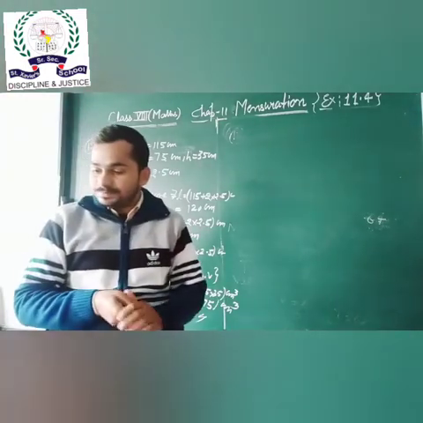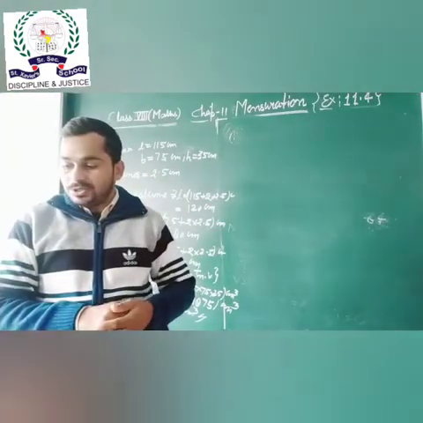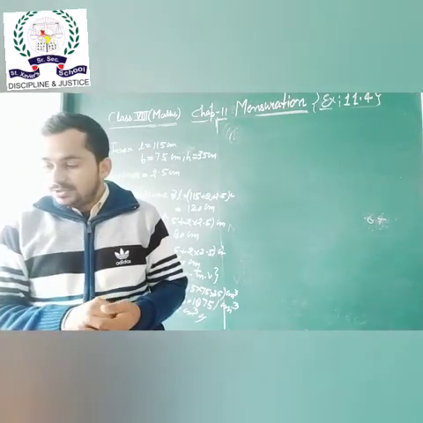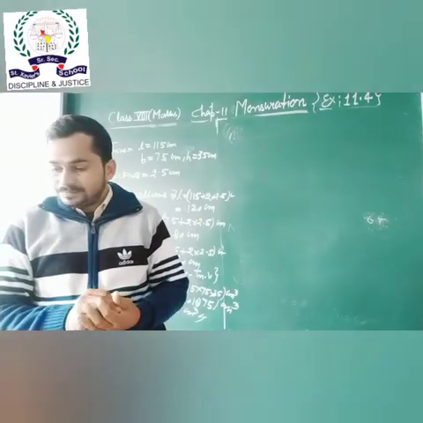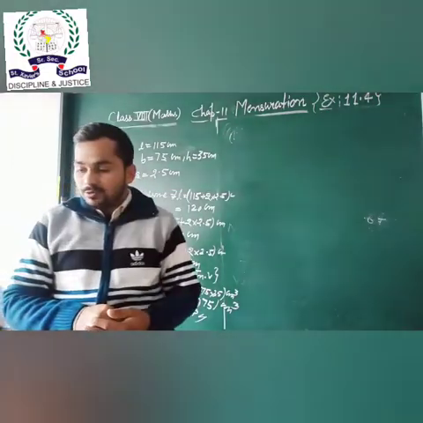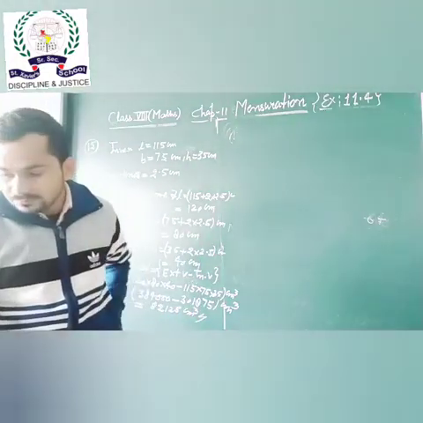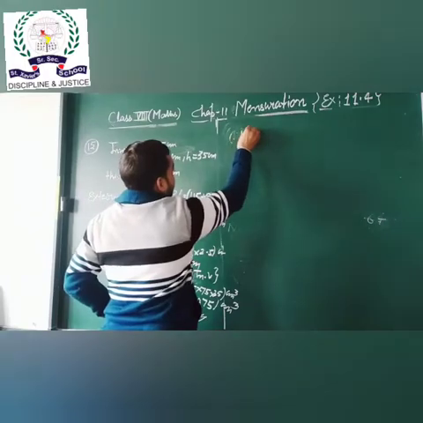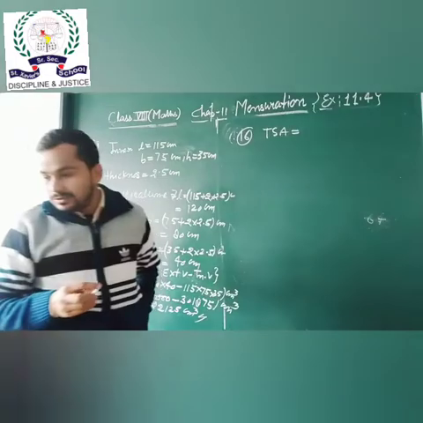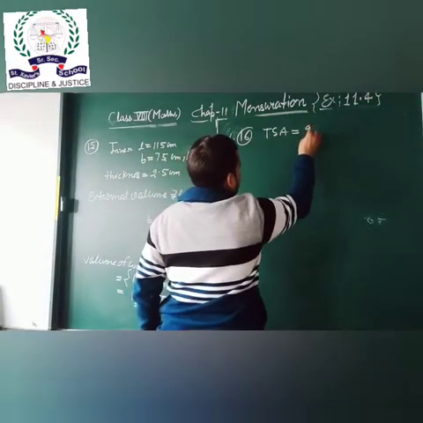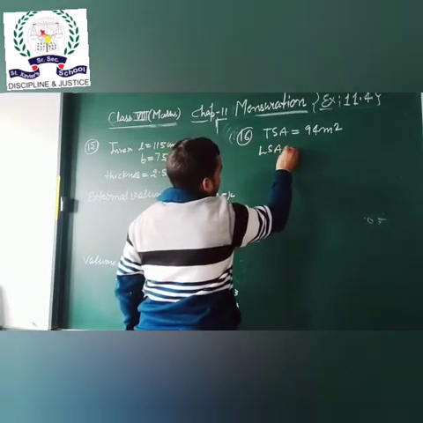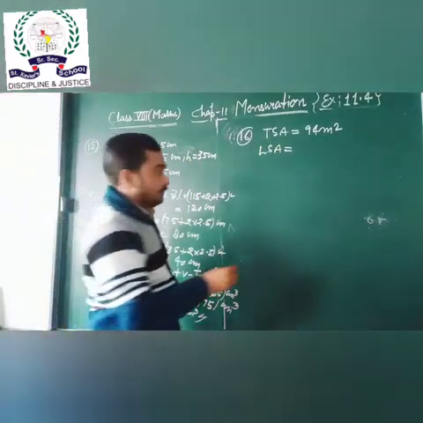Now question number 16. A cuboid has a total surface area 94 meters square and lateral surface area 70 meters square. Find the area of its base. Area of its base means find the length into breadth, and also find its volume if the height is given 5 meter. So TSA equals 94 meters square and lateral surface area is 70 meters square.